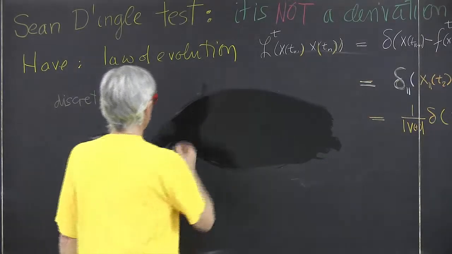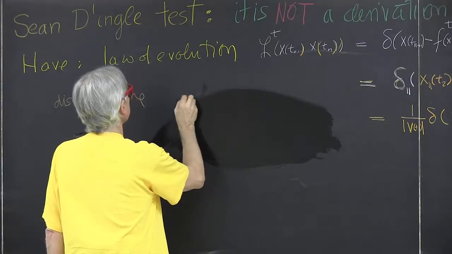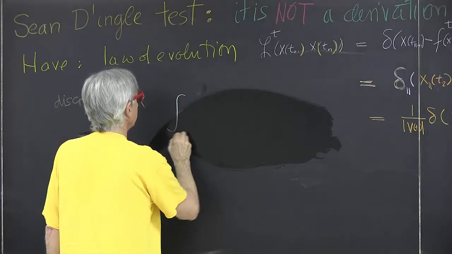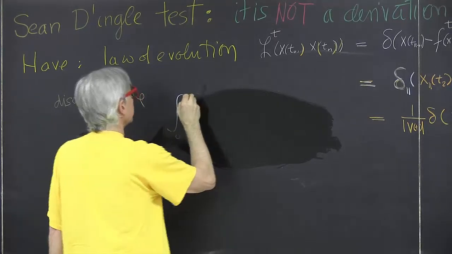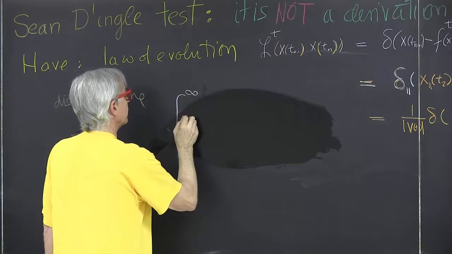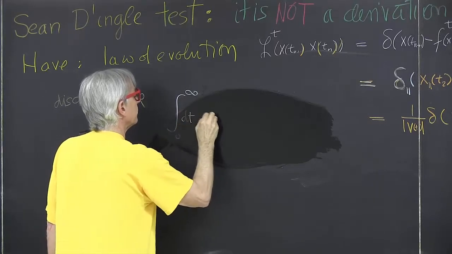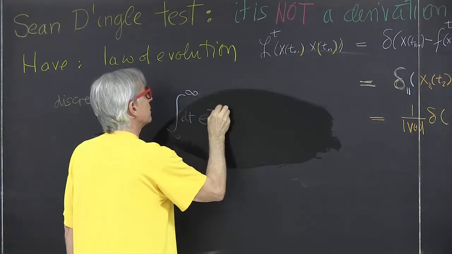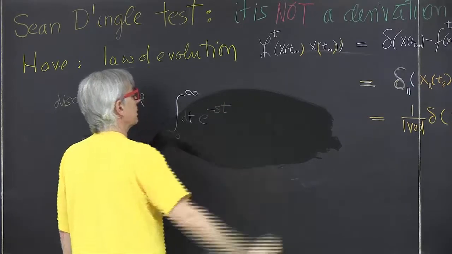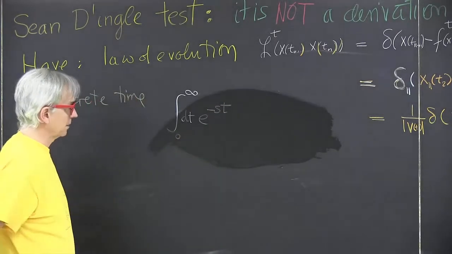What we want to do is we want to integrate over all times. There could be other ways, but it seems very natural. Is to penalize long times by putting a Laplace transform kernel here.